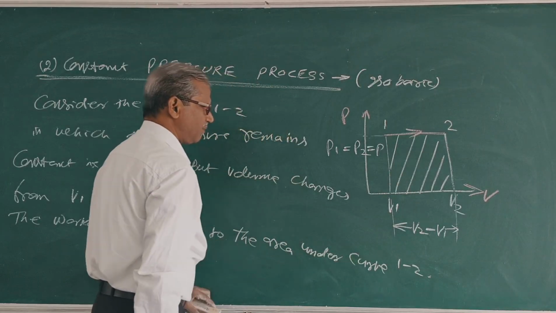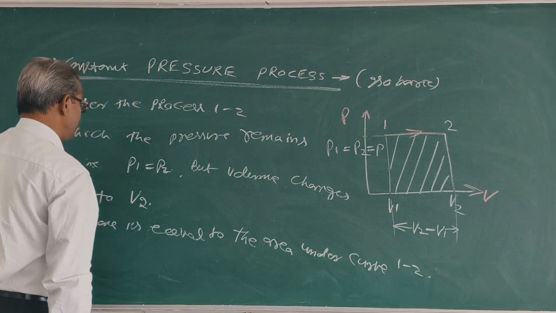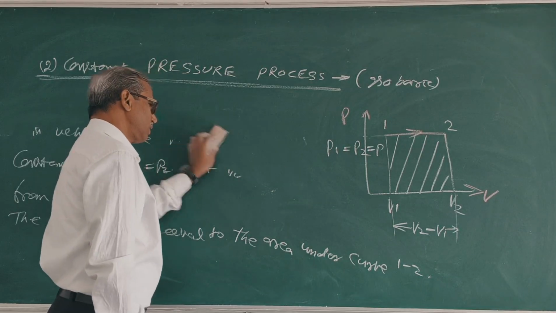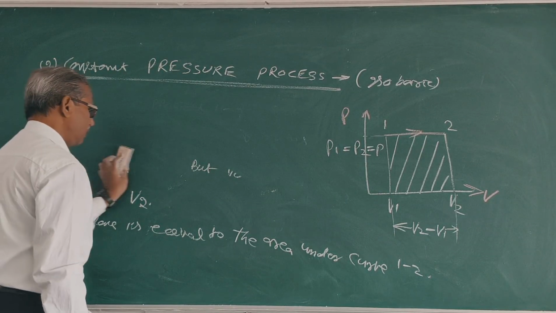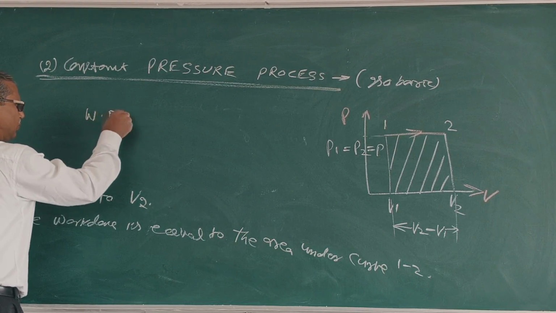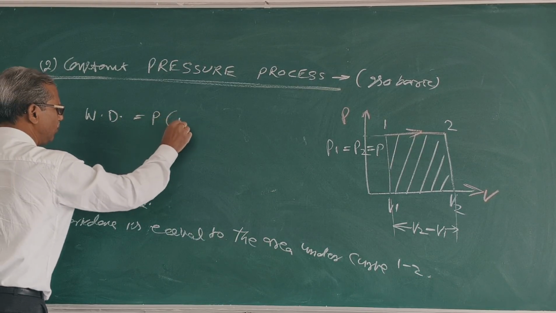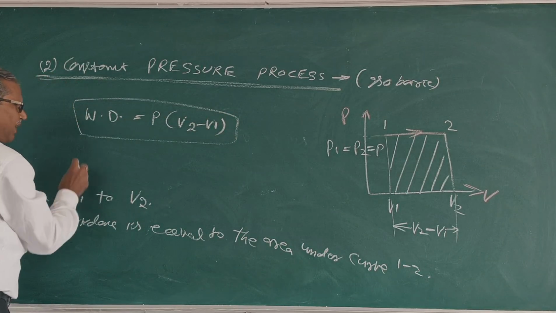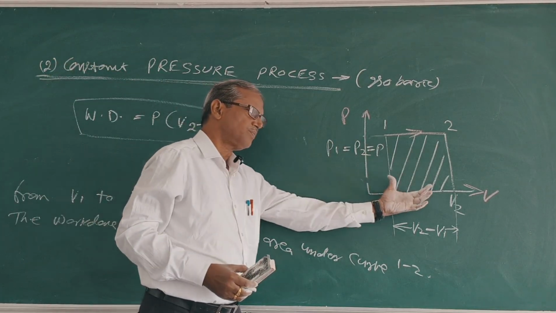Clear? That is, work done is equal to P into (V2 minus V1). This area. Clear?